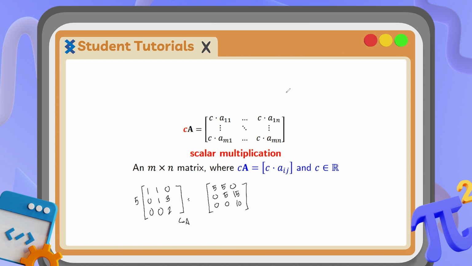Now, before we proceed with the next operation, subtraction is not a defined operation in matrices. That is because we only have two operations that we have defined so far, which can actually be used to create subtraction of matrices.